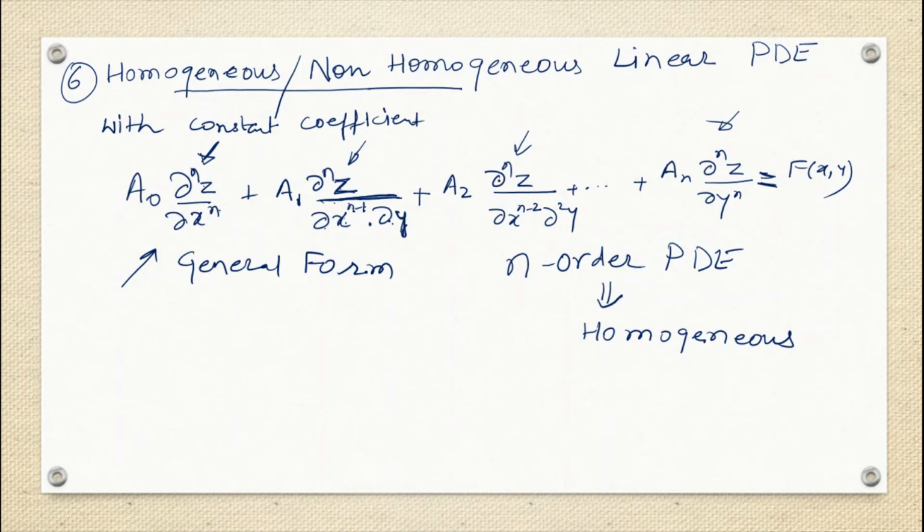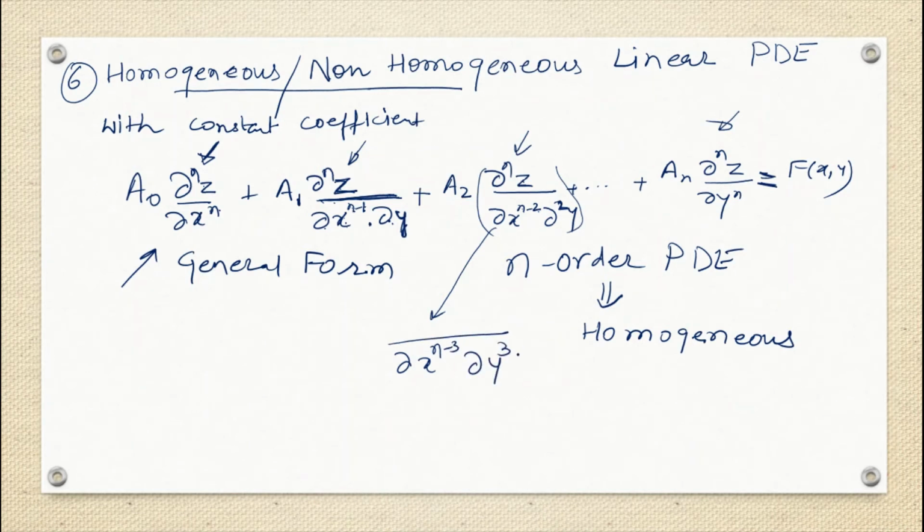Similarly, we will focus on the third term. So what are we doing here? First we differentiate z with respect to y twice, right? And then we differentiate the answer with respect to x n minus 2 times. So this pattern will always be there. The pattern is, if you write del x to the power n minus 3 in the denominator, then it will be del y cubed.